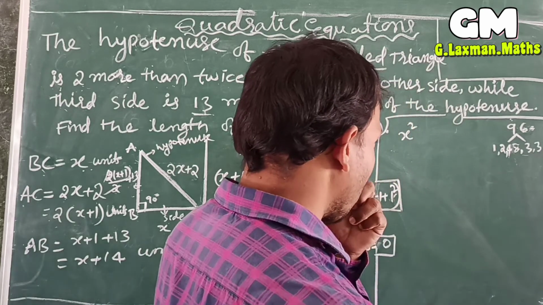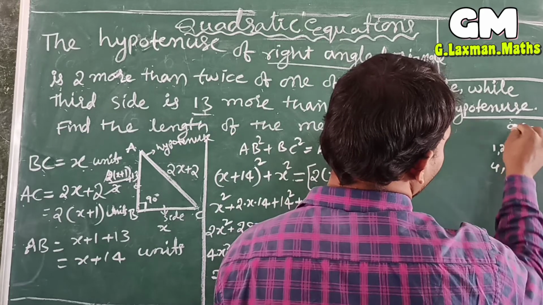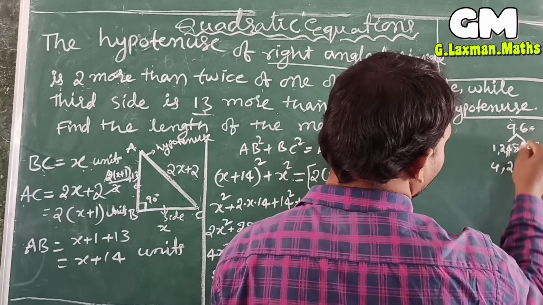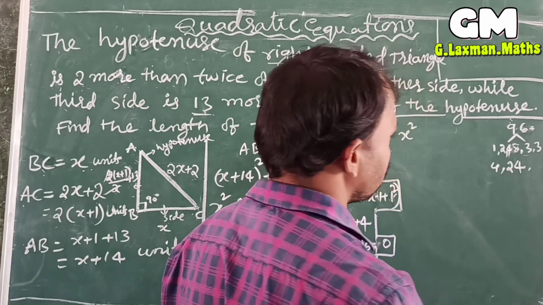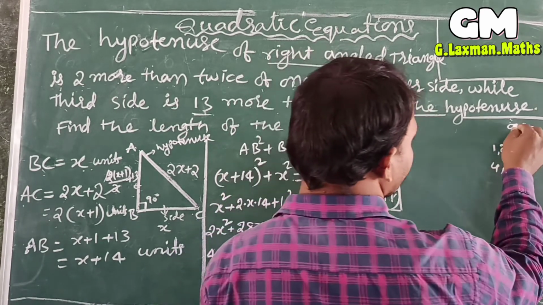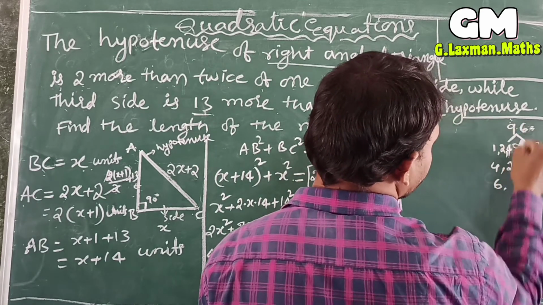The next 4 table: 4 sixes are 24. The next 5 table is not possible. Then the 6 table, yes: 6 sixes are 36.